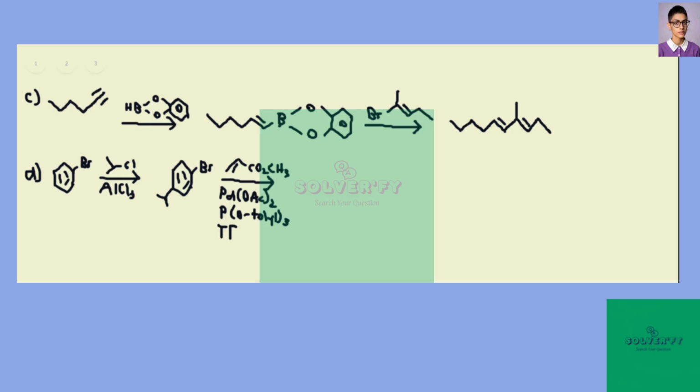And TEA here, remember, is triethylamine. So that's another common abbreviation that you'll see. Okay, and so that's going to get us to our final product for D, which looks like this.